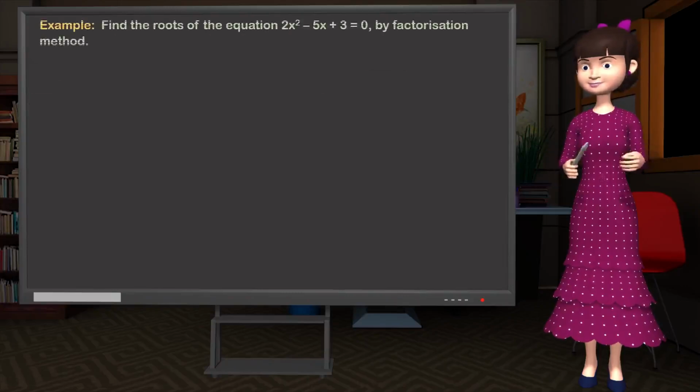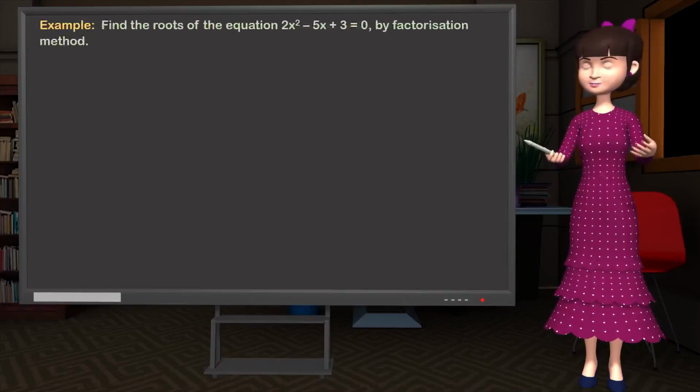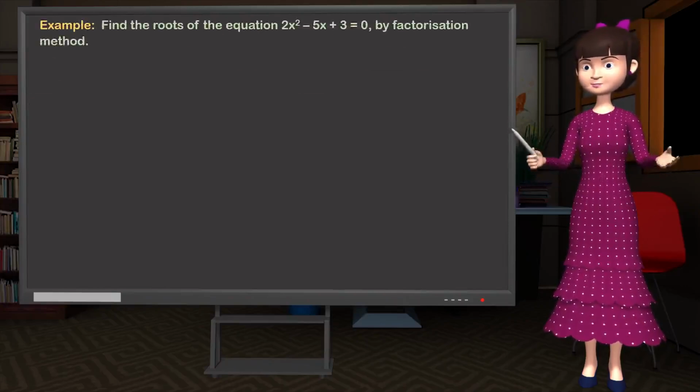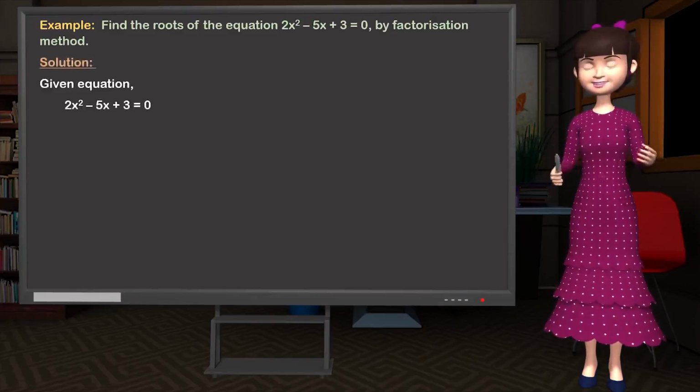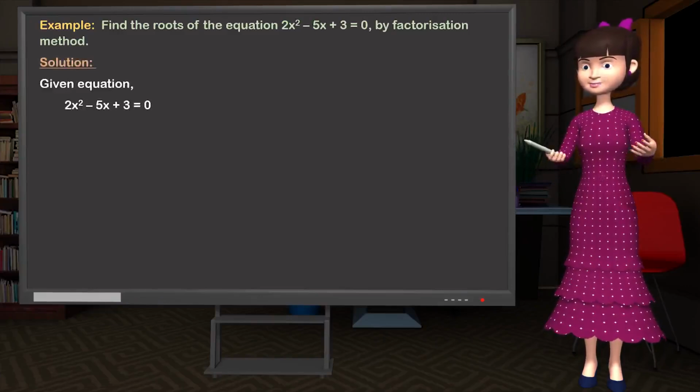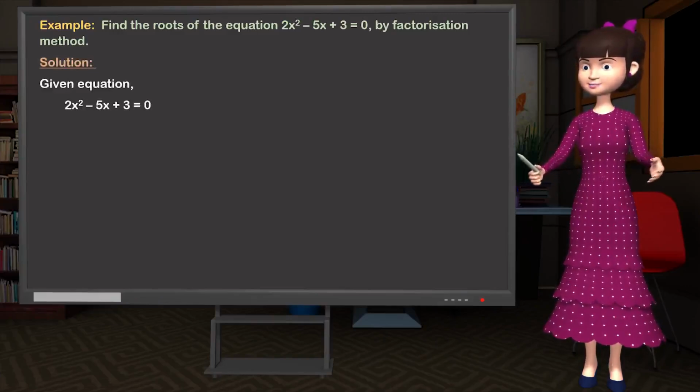Find the roots of the equation 2x squared minus 5x plus 3 is equal to 0 by factorization method. Solution. Given equation 2x squared minus 5x plus 3 equal to 0.